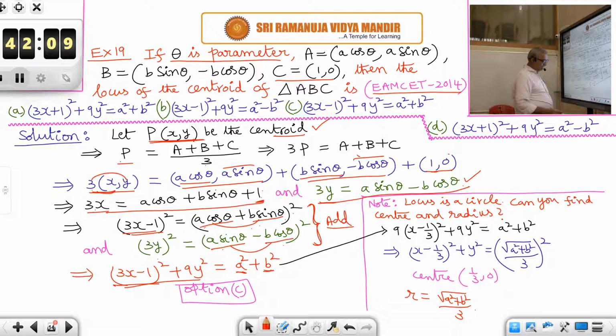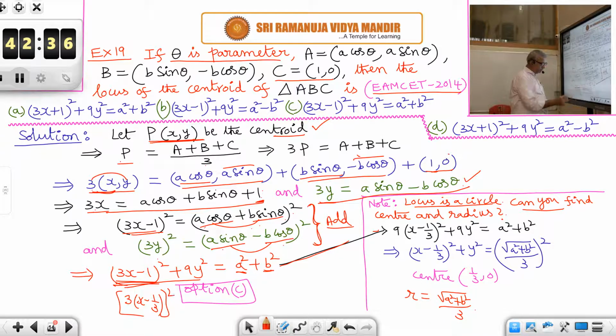So can you recognize this one? Is it a circle? You may think that it is not a circle, but it is actually a circle. How? See here. Locus is a circle. Can you find the center and radius? I am asking. So this equation I am taking here. What I am doing in the first term is I am taking 3 common. 3x minus 1, I am writing it as 3 into (x minus 1 by 3) whole square.